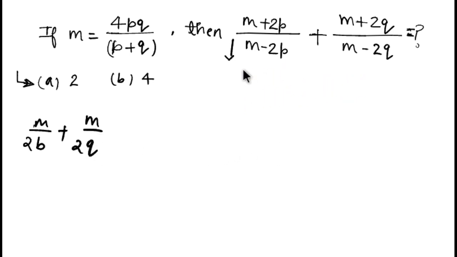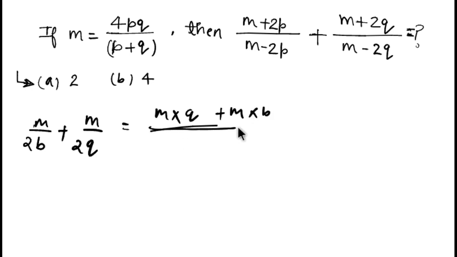Now how do I solve it? First I take the LCM of these two denominators, and I get the LCM 2pq. Now I divide the LCM by each denominator and multiply the quotient by the numerator. So m into q, plus m into p, upon 2pq.